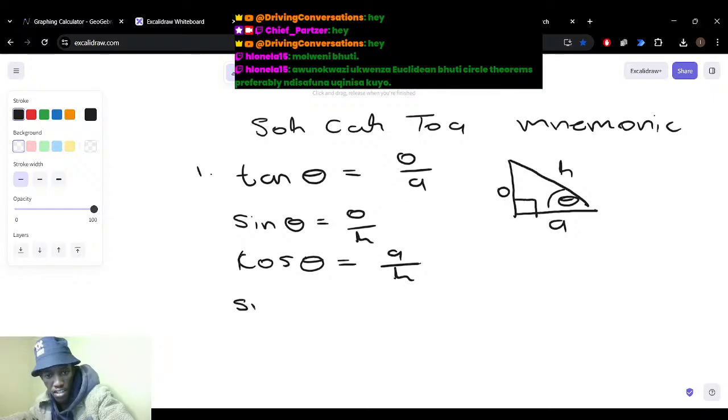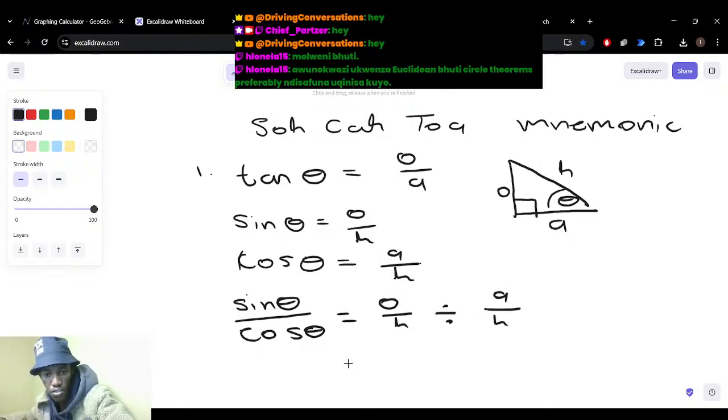If we take sine theta divided by cos theta, this will result in opposite over hypotenuse divided by adjacent over hypotenuse. You know the laws of algebra: when dividing fractions, the division changes to multiplication and the second fraction is inverted, h over a, so it is in this form.